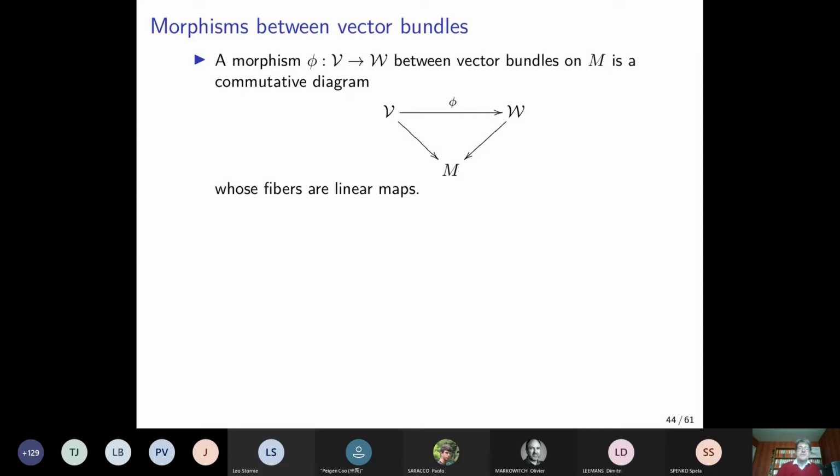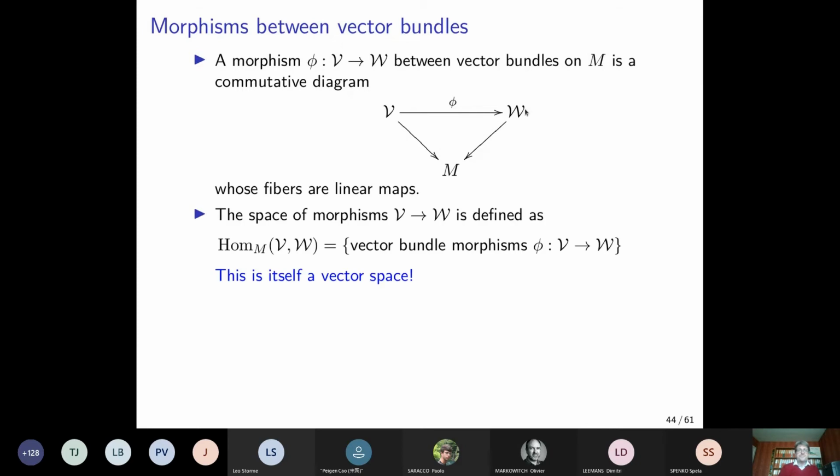So the formal definition of a morphism between vector bundles is a commutative diagram like this. This means if you go like this, it's the same as going like this. And if you restrict to a fiber, you should have a map of vector spaces, which is called a linear map. The space of such homomorphisms is itself a vector space.